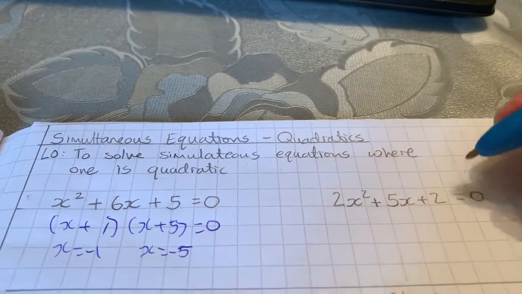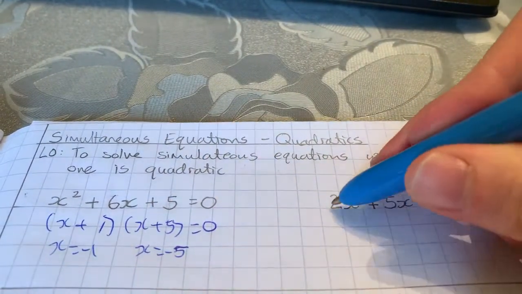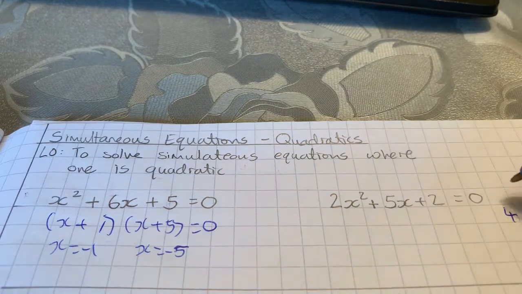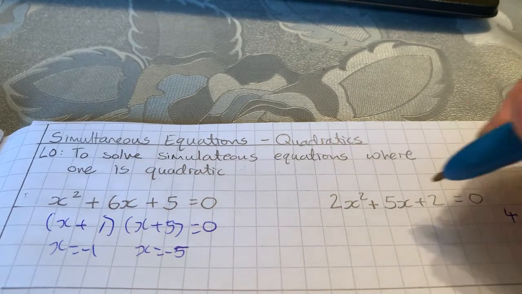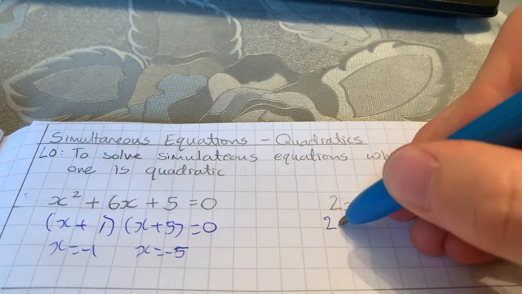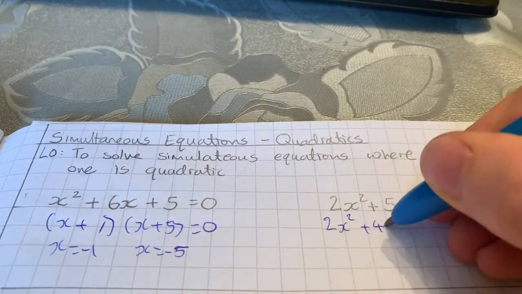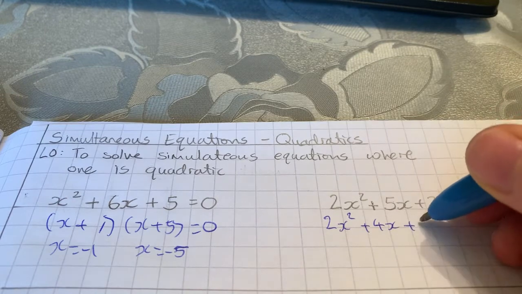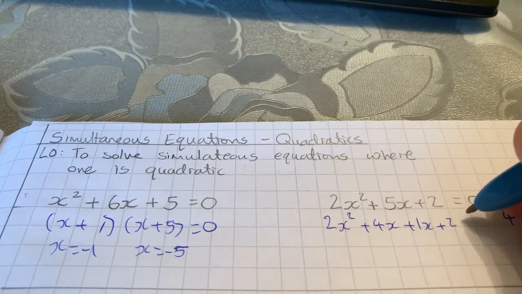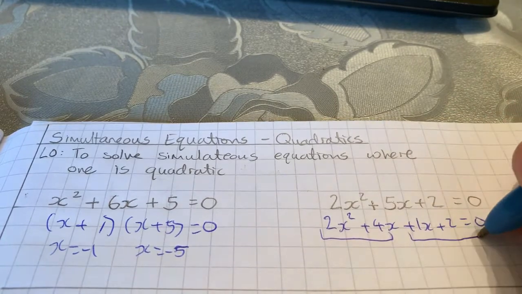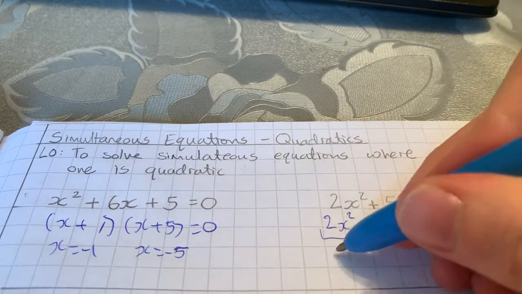You've got to be confident with that. Or even when it's like this and you're starting off by doing 2 times 2 to get 4, and then finding two factors to make 4 that add to make that, so you end up with 2x squared, add 4x, add 1x, add 2 equals 0, and then you factorize one side at a time, like this.